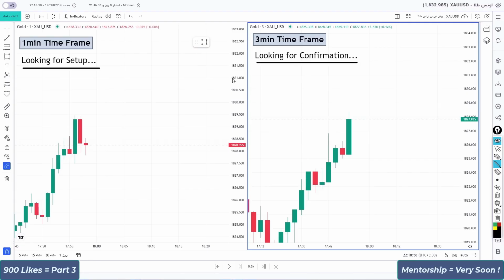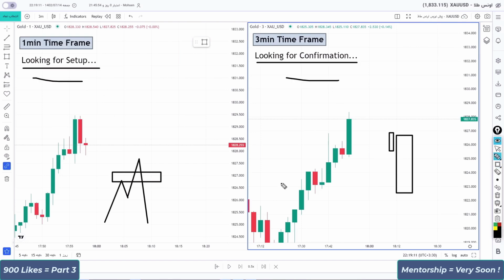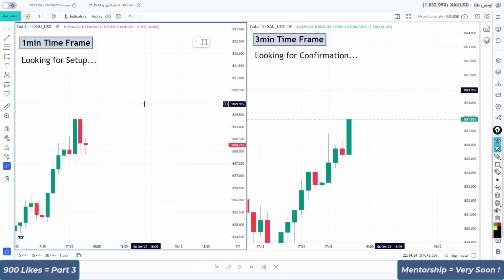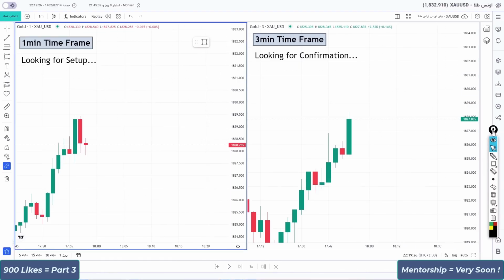Now I will play them together and you will see both the setup and the confirmation at the lower and higher time frame. Please focus on both of them and see how they move. I will play it again if you missed that, but please focus.